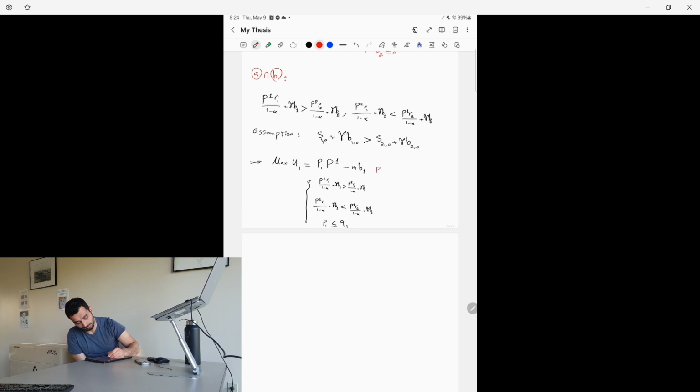So this one wants P1 to be big, this one wants P1 to be small, and the second constraint enjoys P1 being big. So the binding one is the second one, and that makes P1 again as Q1.